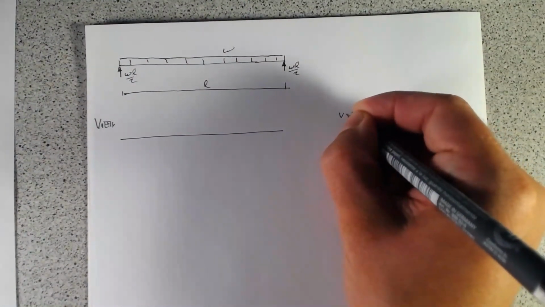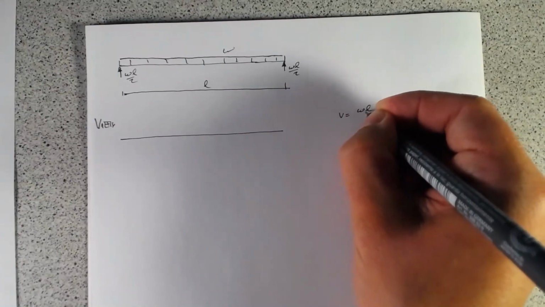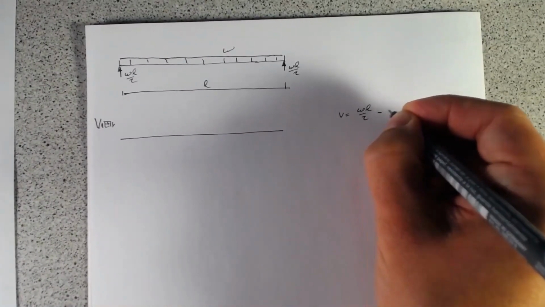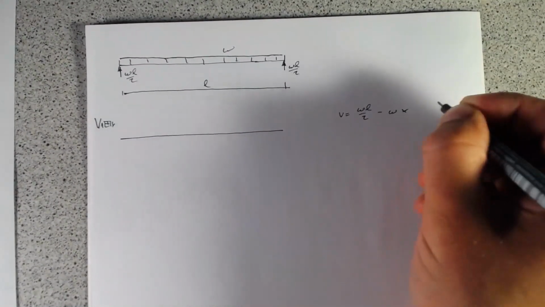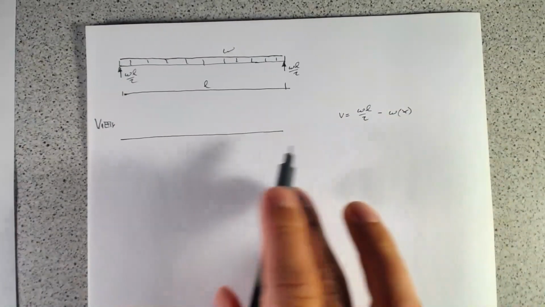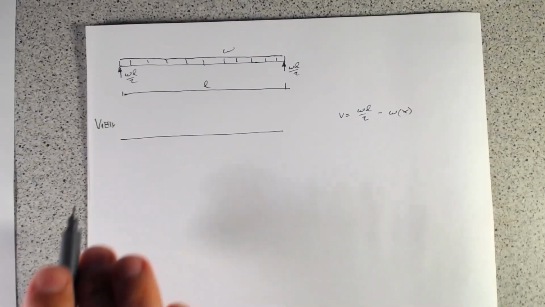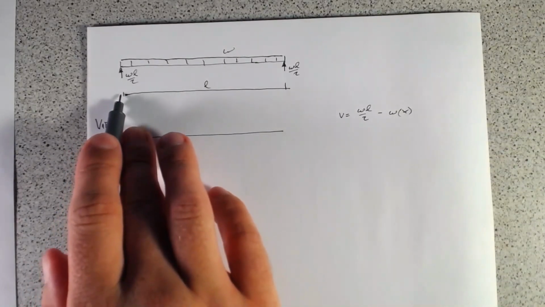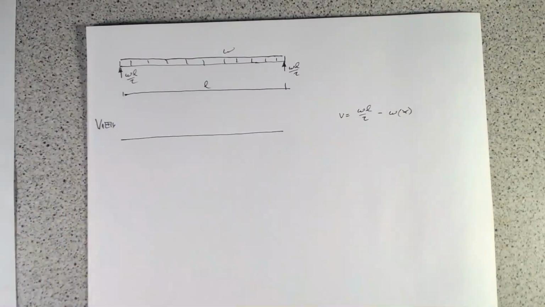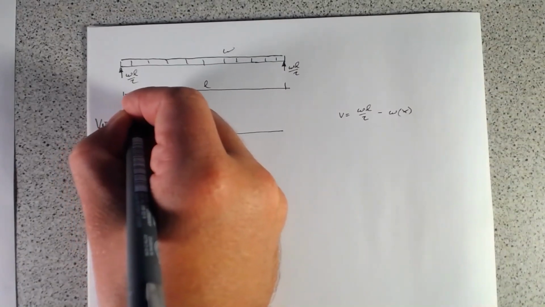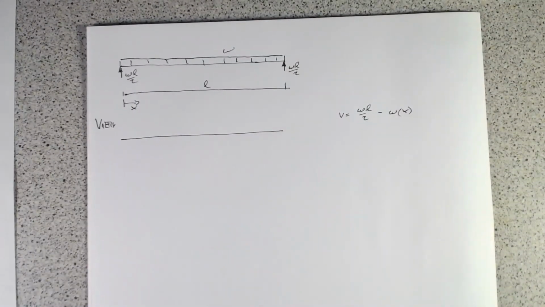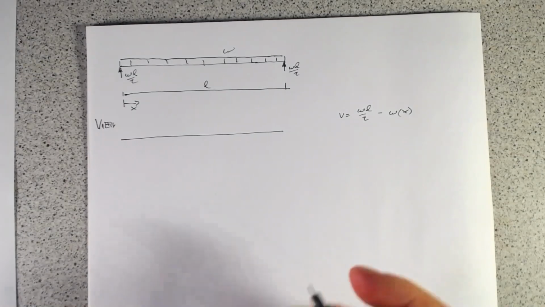So if we have V equals WL over 2 minus WX, well, first place to go is to start with our boundary conditions, when X equals 0 and when X equals L. So we'll say X goes in this direction.